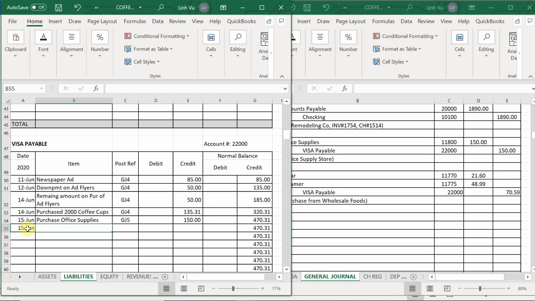Then that's all you need to record here. So purchase cream and sugar. Okay, and that'll be General Journal 5. And the total would be $70.